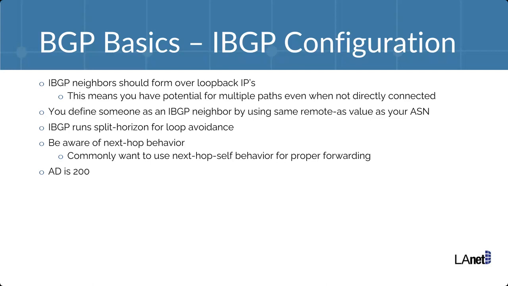We're going to talk about next hop behavior. Two fields get updated when a prefix leaves one ASN and crosses into another ASN: the next hop attribute and the AS path attribute.